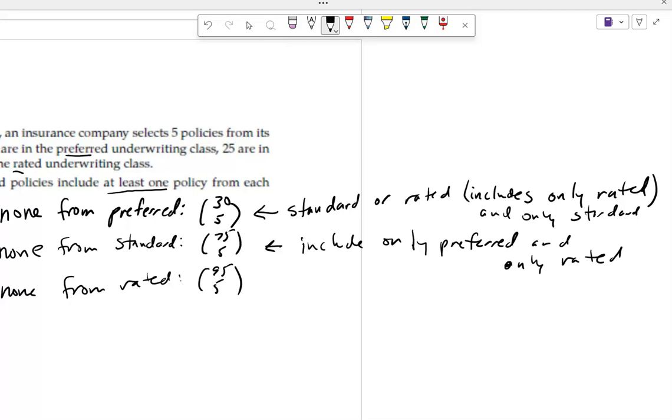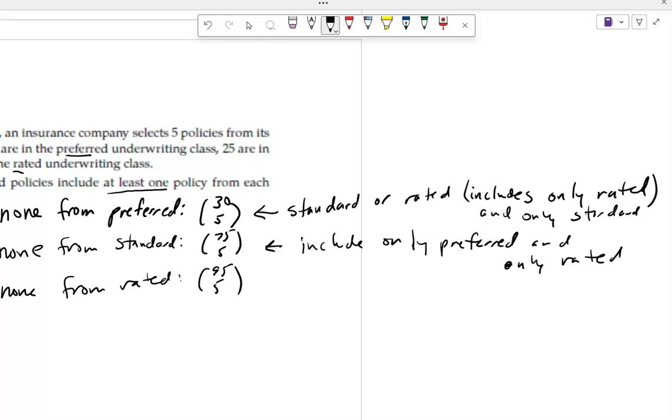What do we really need? Just need to add back on again. What's the only things we haven't counted? Yeah, it should be the only preferred, right?